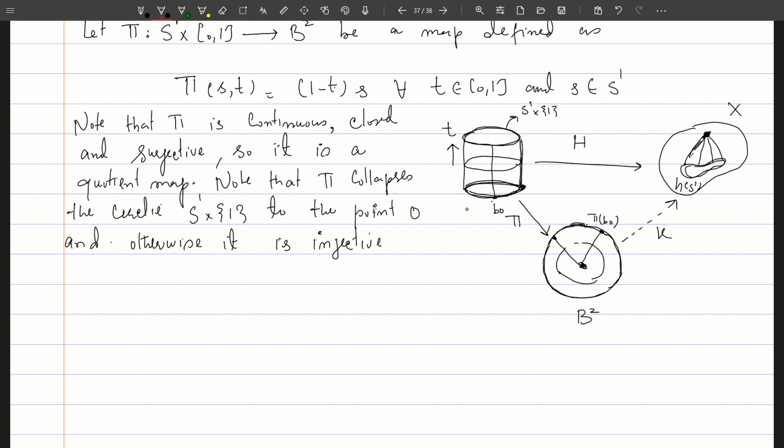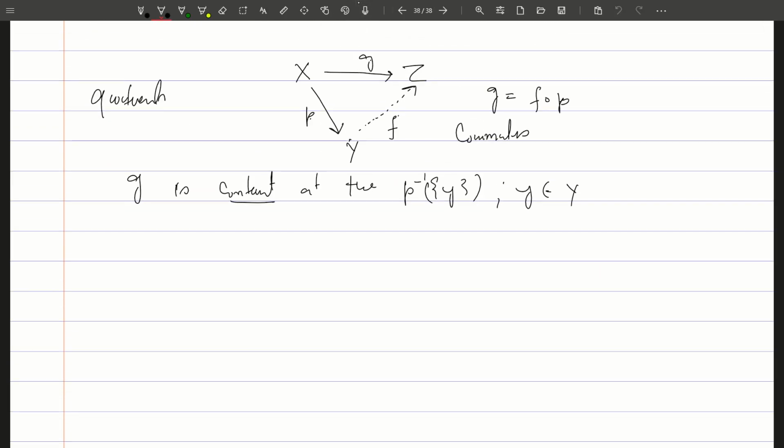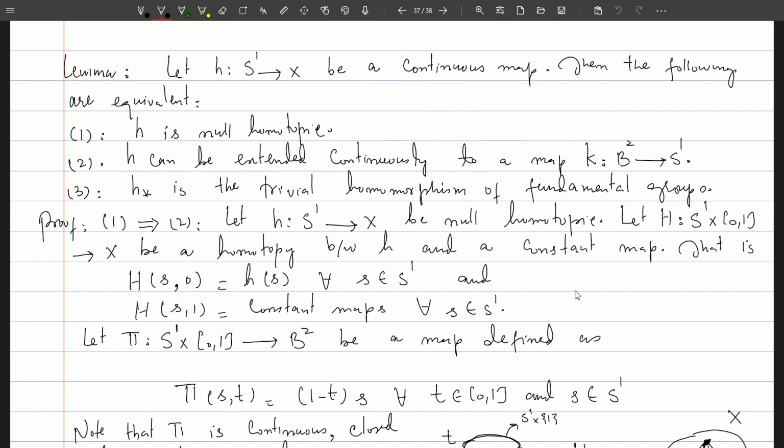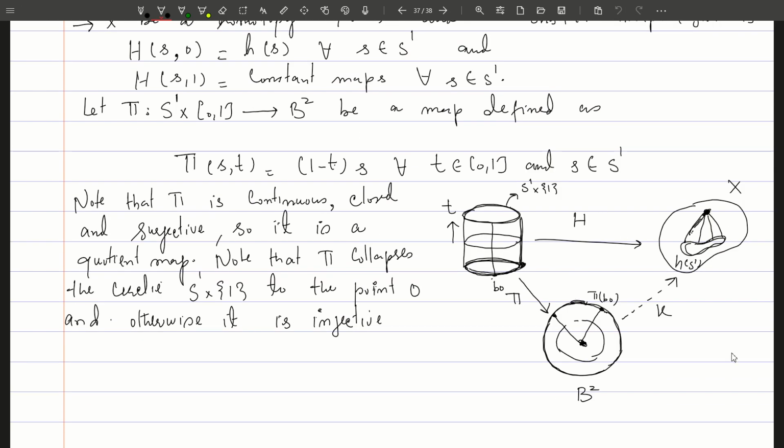Now there is this condition that if g is continuous, then this f is also continuous. In our case, H is given to be continuous, so k has to be continuous.